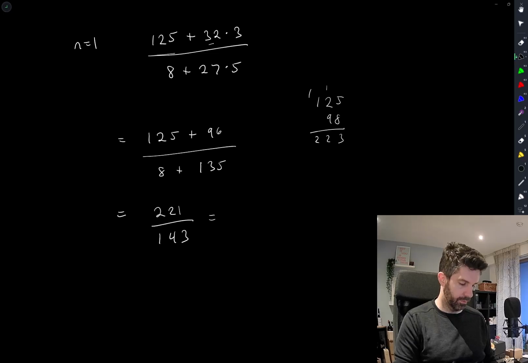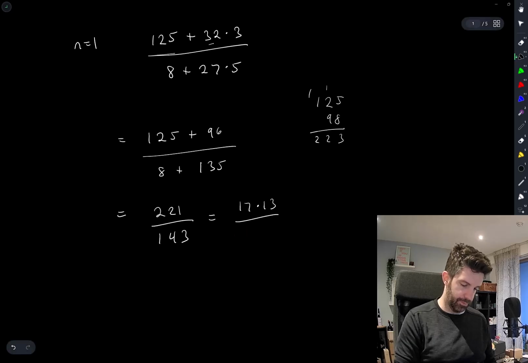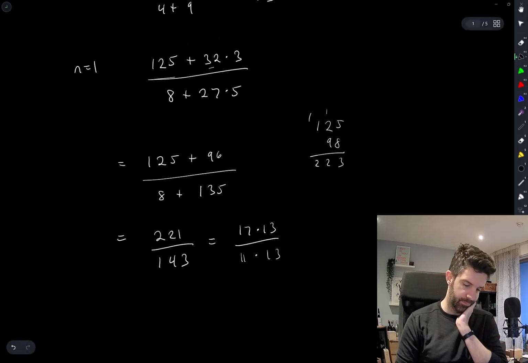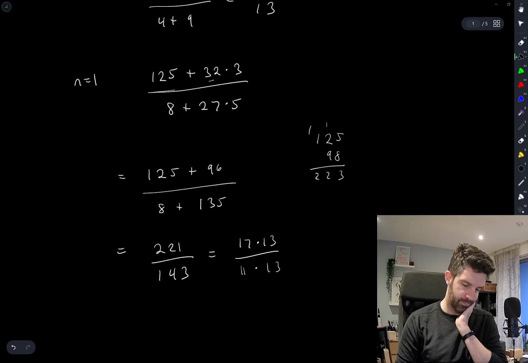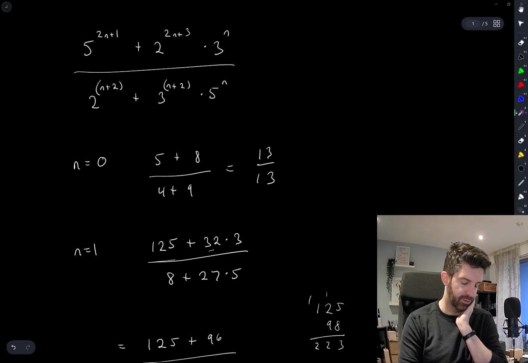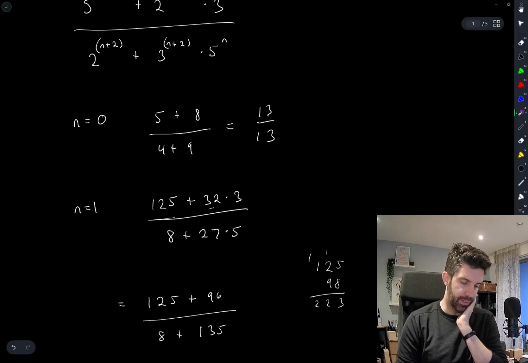This is 17 times 13 divided by 11 times 13. So I mean, how do you make these numbers 17 and 11 out of some convenient expressions of 2, 3, and 5?